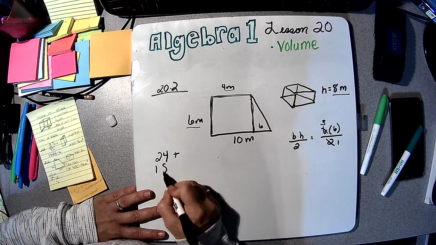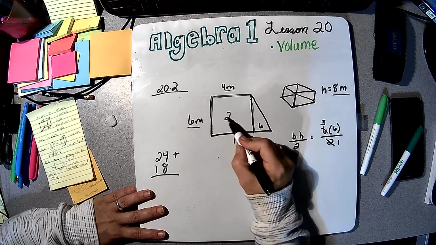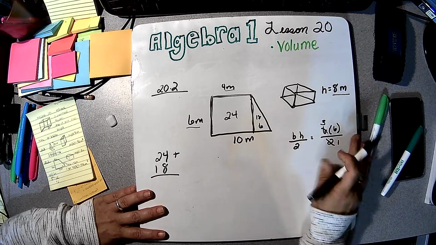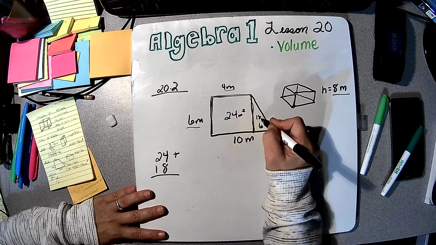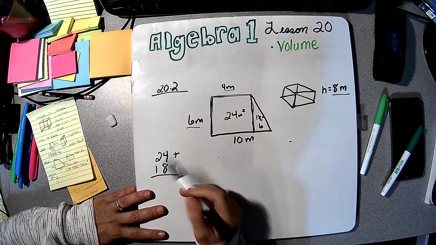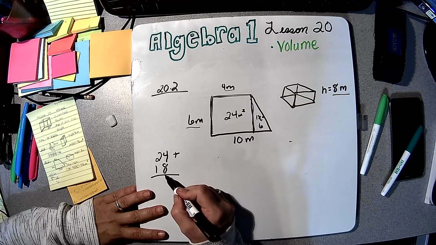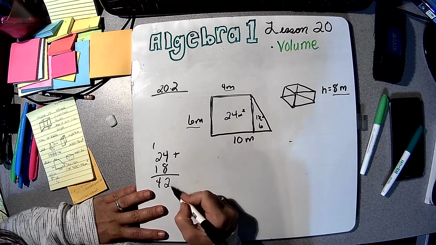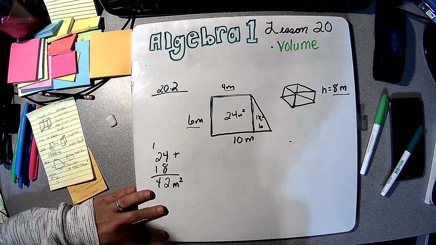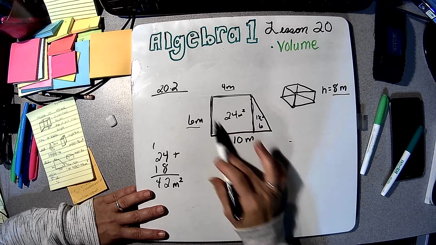All right, so it's 24 plus 18. So this part's 24, this part's 18, and we add them together, and that would be meters squared. 24 plus 18 is 42 meters squared, the area of our base.